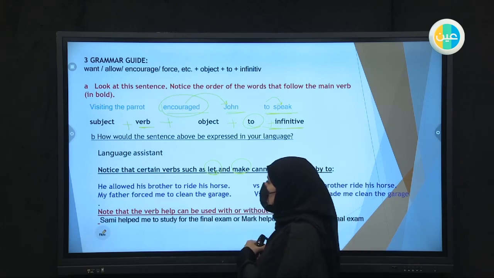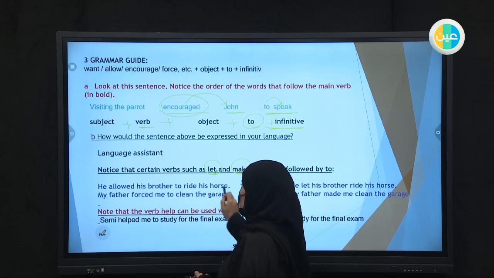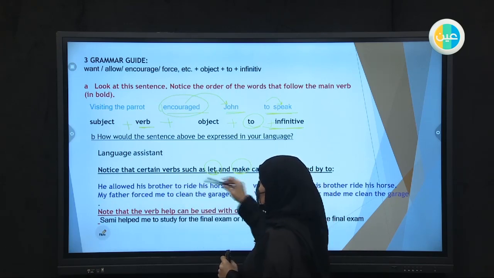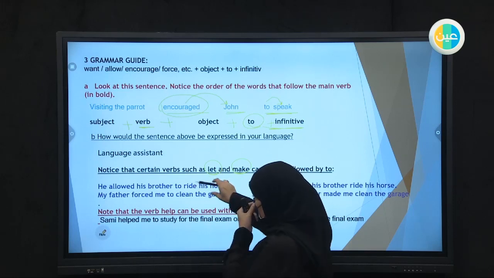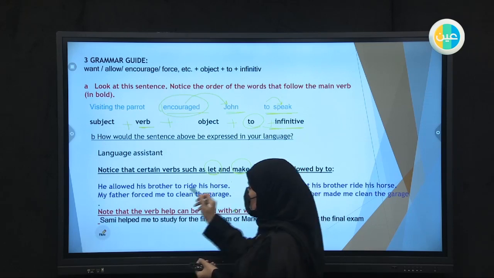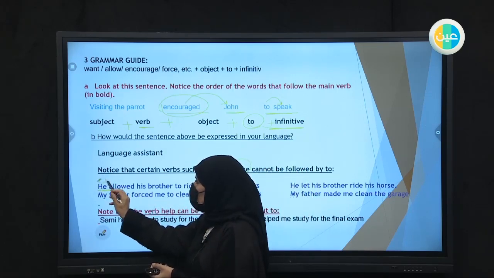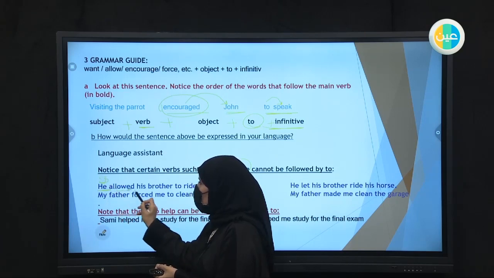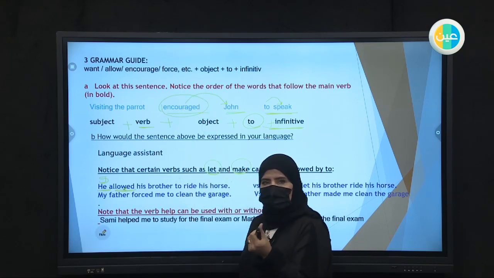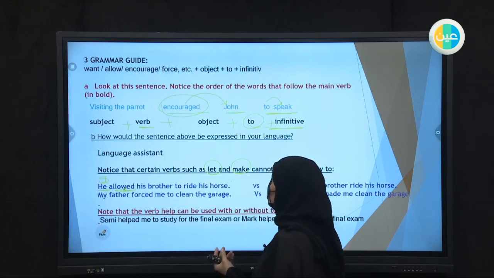Here we have examples. He allowed his brother to ride his horse. This pattern is the same as the pattern here. إذا لاحظتوا هنا عندك subject، اللي هو الفاعل. What comes after the subject? We have allowed, واحد من الأفعال المذكورة اللي هي want يريد، allow يسمح، encourage يشجع، force يرغم.